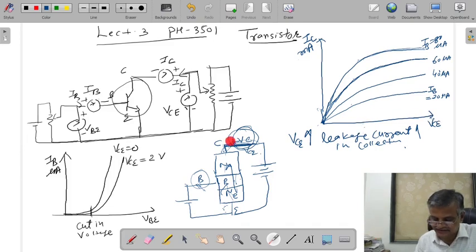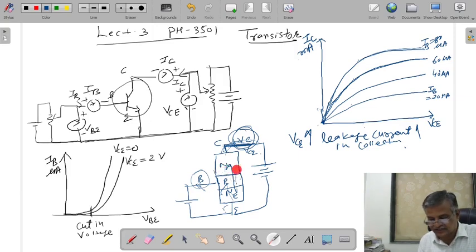As Vc increases, the reverse bias voltage increases. And already we know that in a PN junction's reverse bias characteristics, as reverse bias voltage increases, leakage current increases. This junction is in reverse bias. Which junction? Collector base junction.